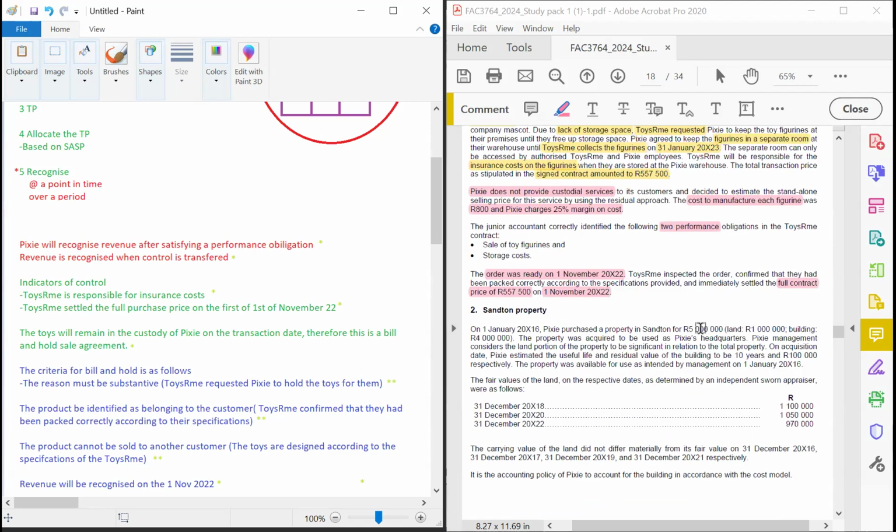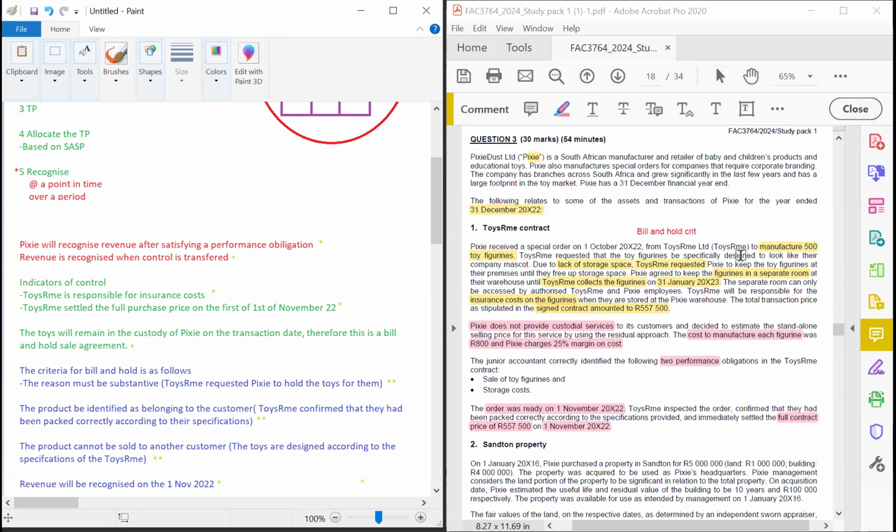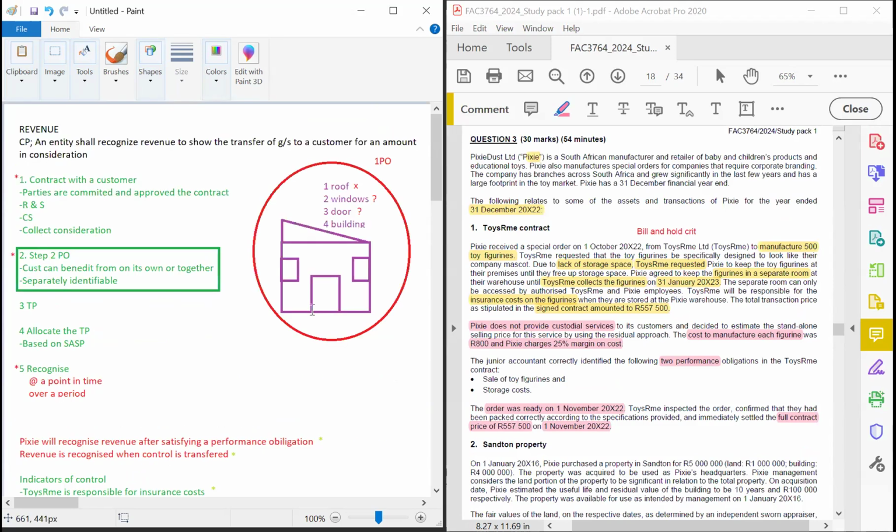We don't want to state things that are never going to be in the memo. That's very important. Do not overwrite non-applicable things. Rather write what's applicable, then move to the other question. When you have time, you can dump all the theory on revenue that you feel is applicable to the scenario, right?